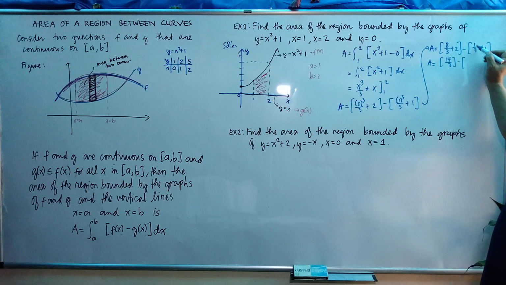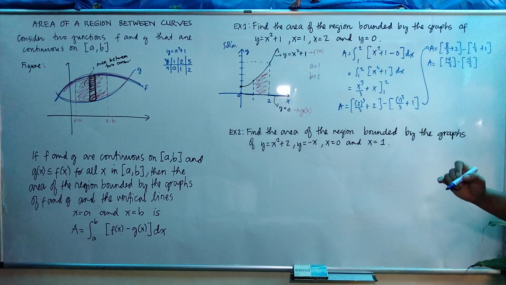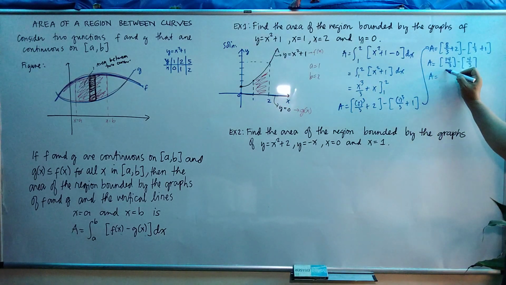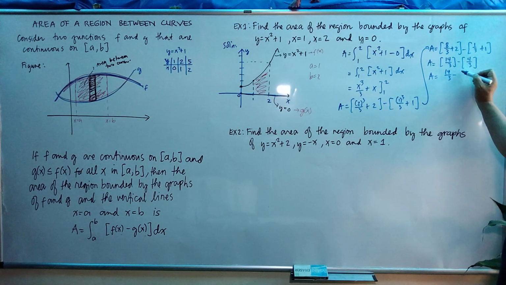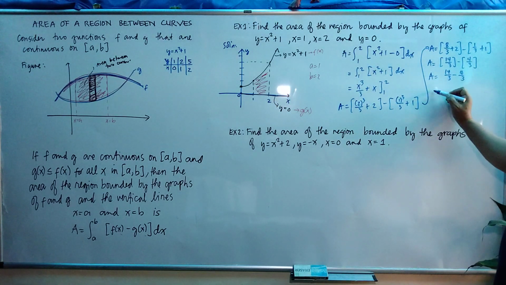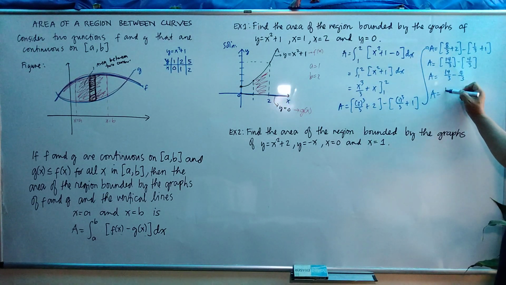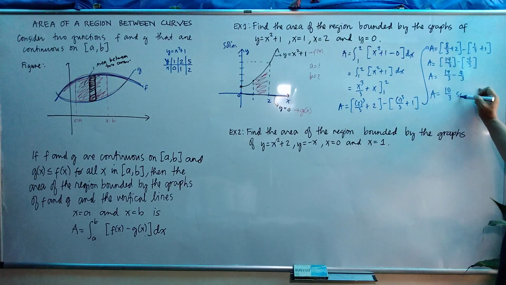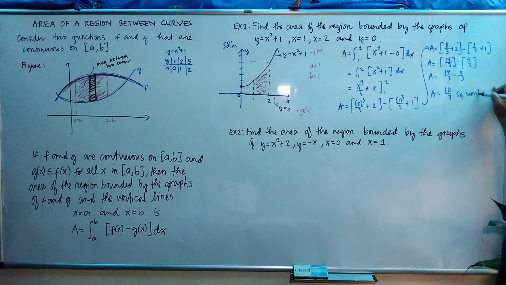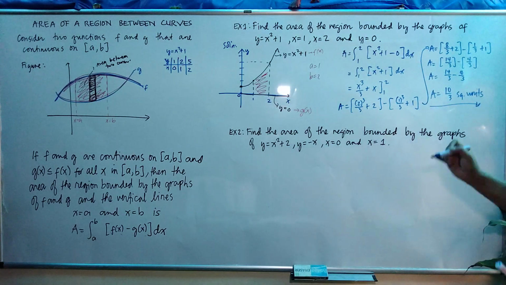Minus 1 over 3 plus 1, you have 4 over 3. Again, simplify: you have 14 over 3 minus 4 over 3, and that is, your area is 10 over 3 square units.